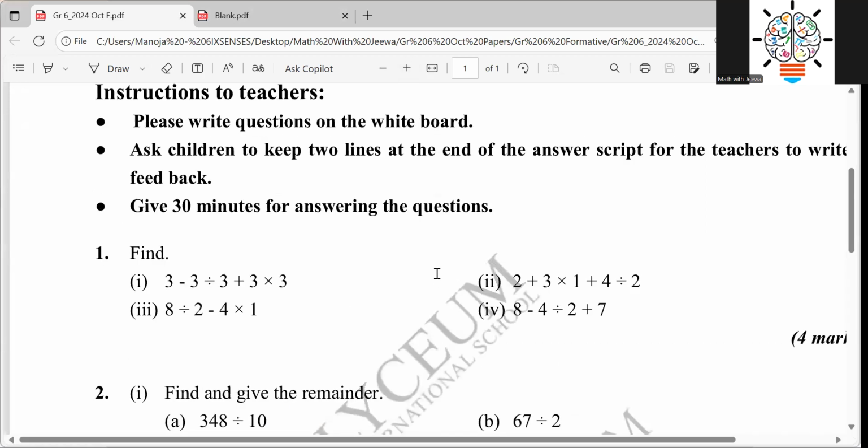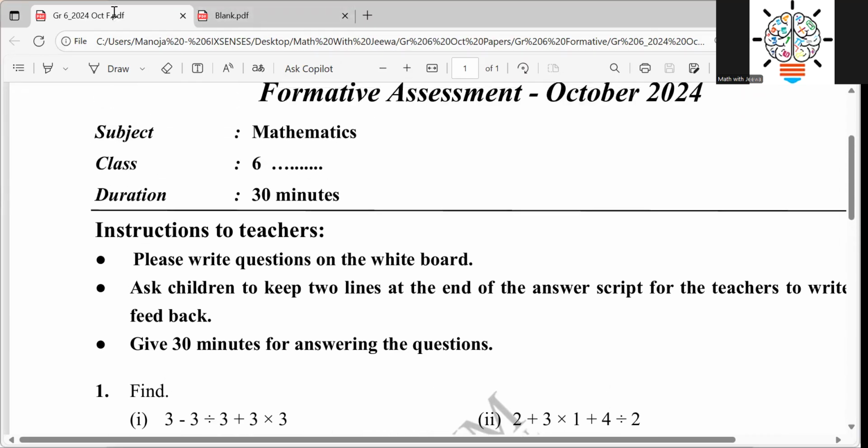And here you can see that you have many math operations together, right? I'm going to write the questions here that I have mentioned. When you start the paper, you want to write your name, the admission number, and your class, maybe grade 6B, 6A, 6C, whatever it is, right?